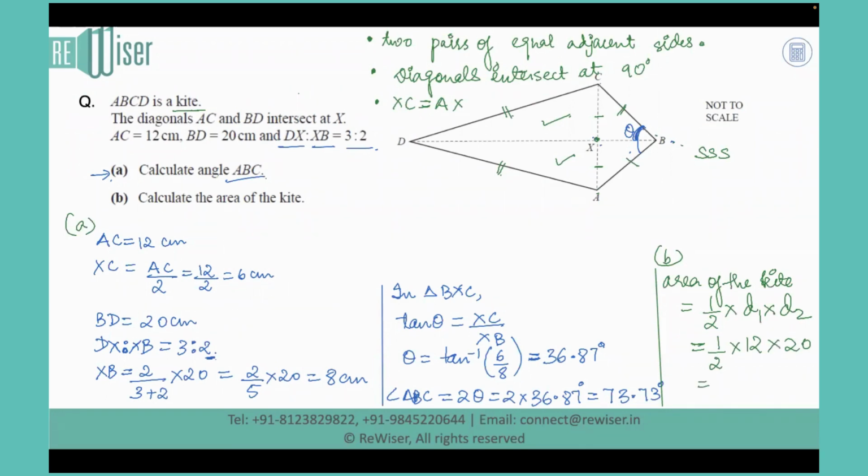So here we can see that we'll be getting 120 centimeters square as the area of the given kite.